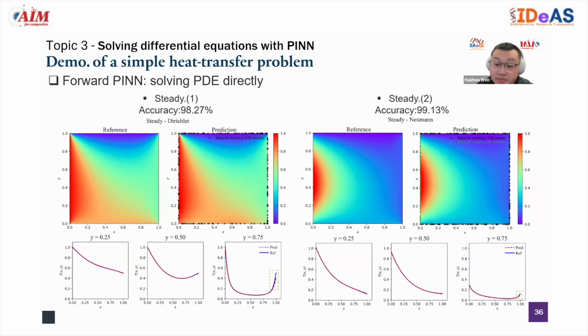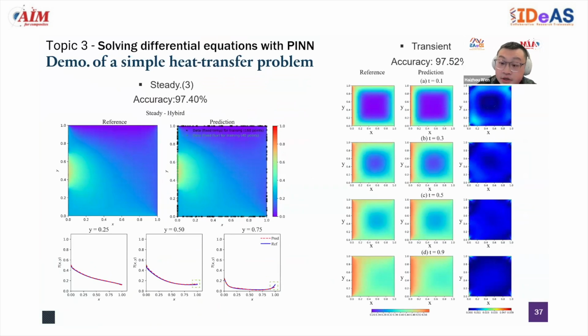That means COMSOL may give an inaccurate solution in this area as well. But if you look at the overall trend, the overall prediction is very good. The remaining steady case and the transient case also show the same high level of accuracy.